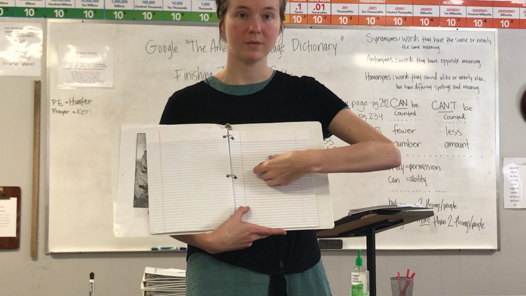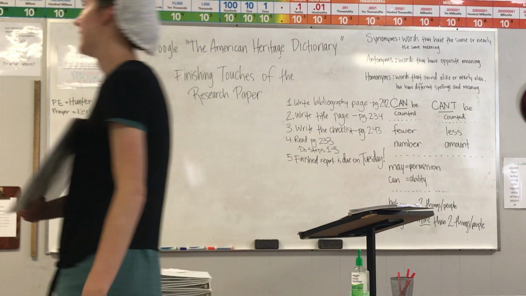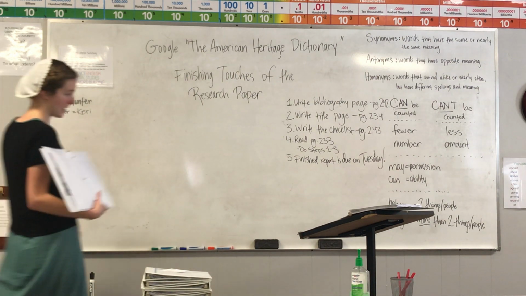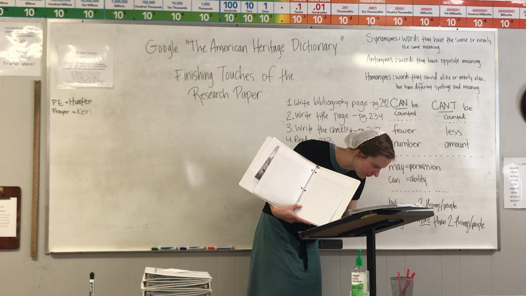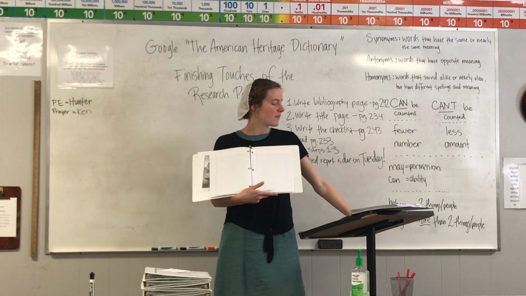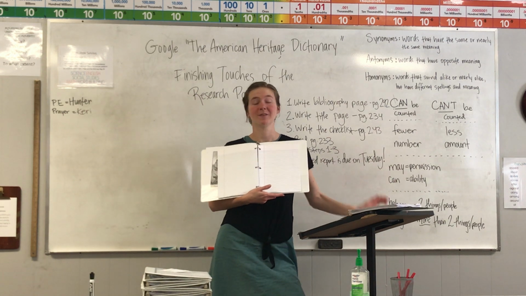Then you're going to count 6 lines more down and write on the 6th line. And then you're going to count 6 more lines down and write again. Let me make sure I'm right. 1, 2, 3, 4, 5, 6, yes. So on the first thing, you write your fancy title that you came up with.